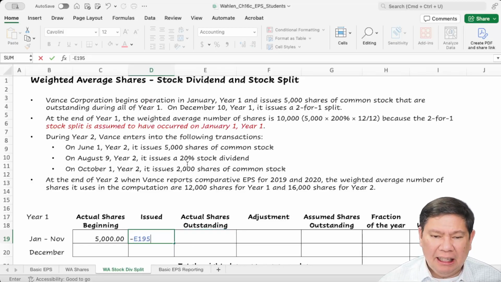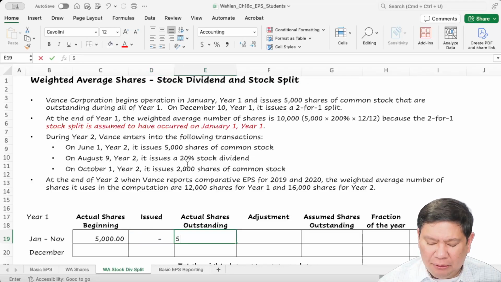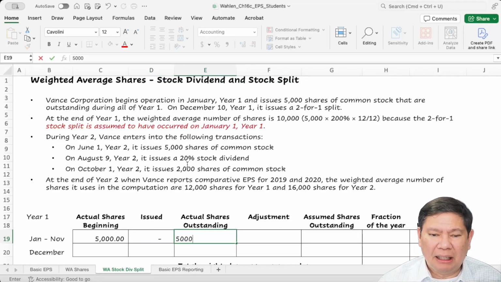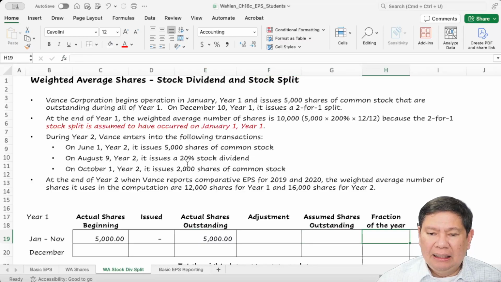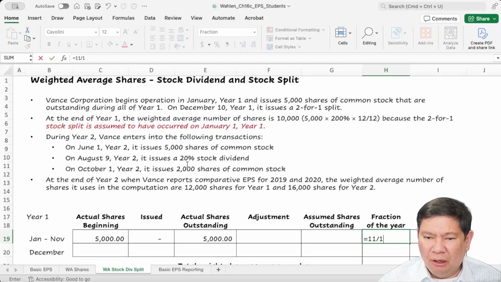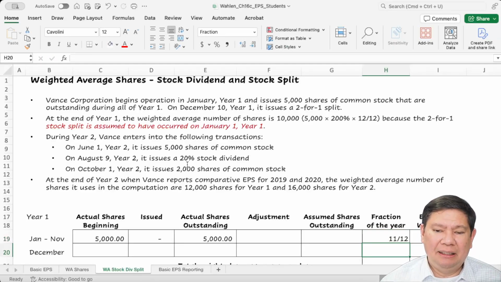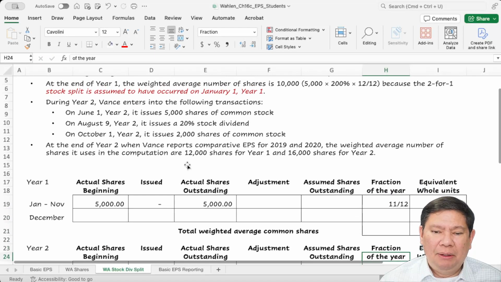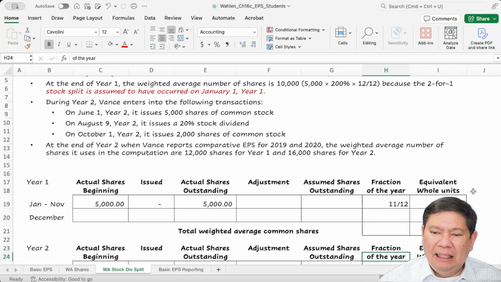So the actual shares outstanding is 5,000 shares, and that's going to be 11 months out of 12. That's the fraction. We will leave these three columns blank for now.